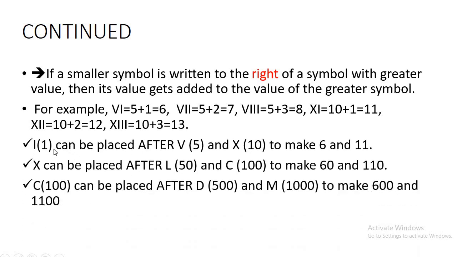So as we have seen, just like before, I can be placed after V and X to make 6 and 11. X can be placed after L and C to make 60 and 110, and C can be placed after D and M to make 600 and 1100. So DC will represent 600 and MC will represent 1100.